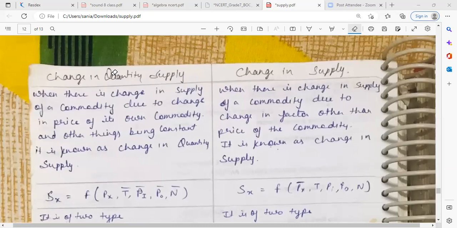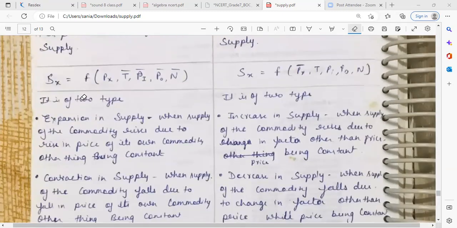Whenever your price is increasing and because of this your supply also increased, at that time you will not say it is an increase in supply. You will say it is an expansion in supply. If it is falling, then you will say it is a contraction in supply. When supply of a commodity rises due to rise in price of its own commodity, other things being constant, it is known as expansion in supply.